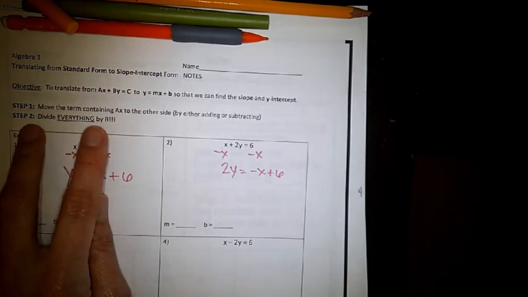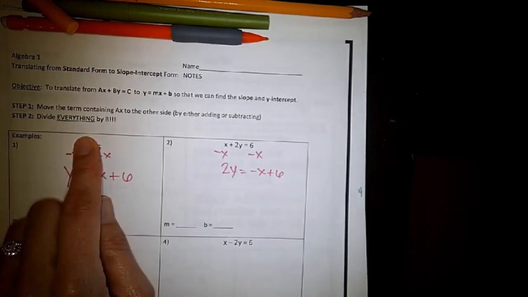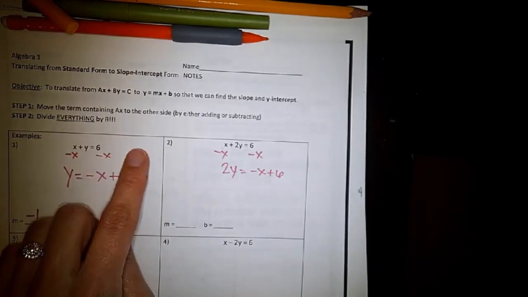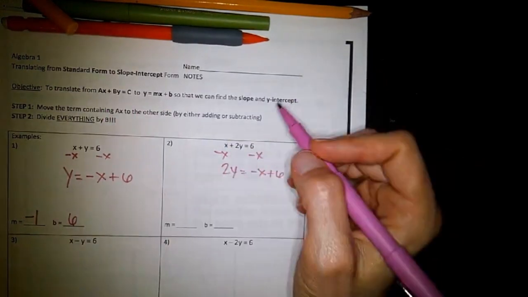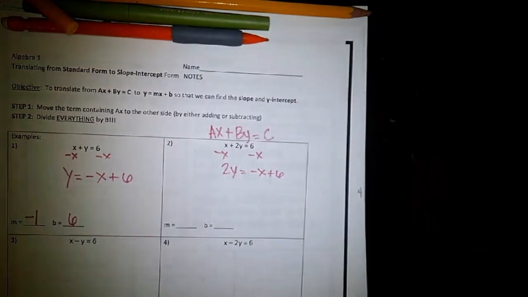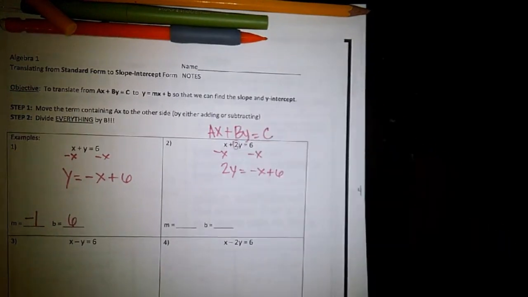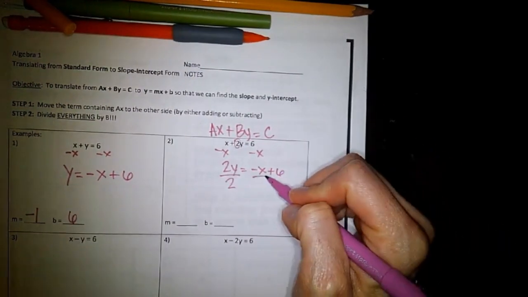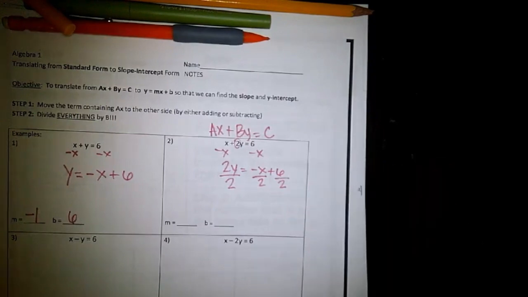Look at this. What's it say up here in step 2? By b. What is our b in this case? ax plus by equals c. What is our b? 2. 2 is our b. So we're going to divide everything by 2.